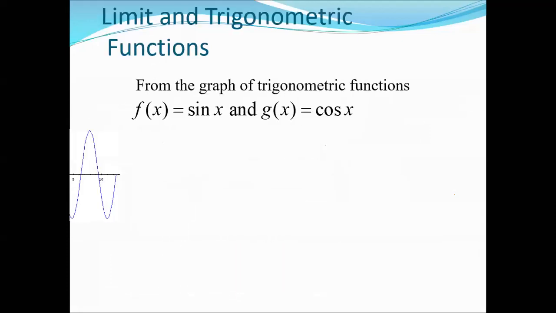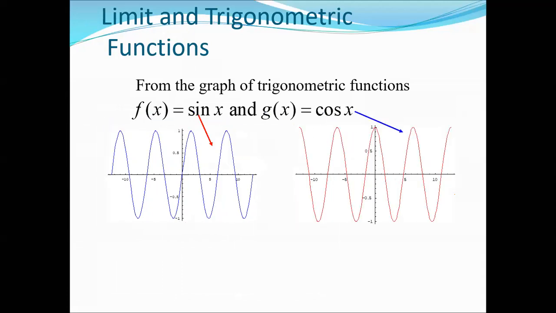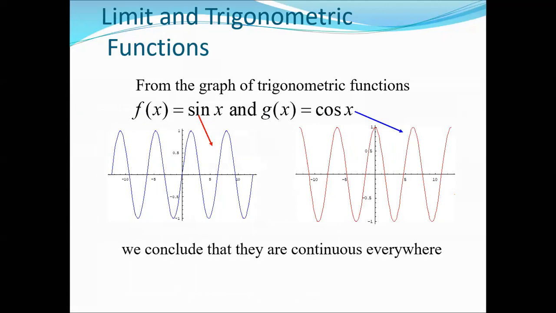And some limits of trigonometric functions, sin x and cos x. We know that sin x and cos x are always continuous functions. So sin x and cos x both are continuous everywhere.